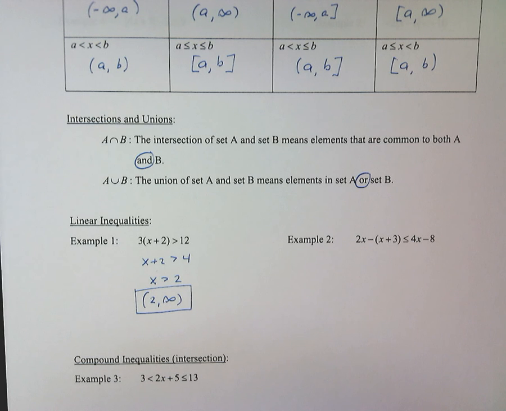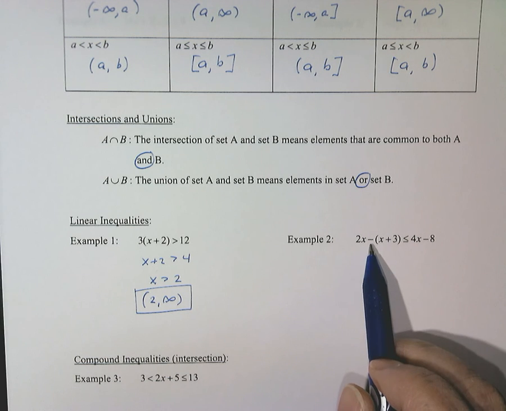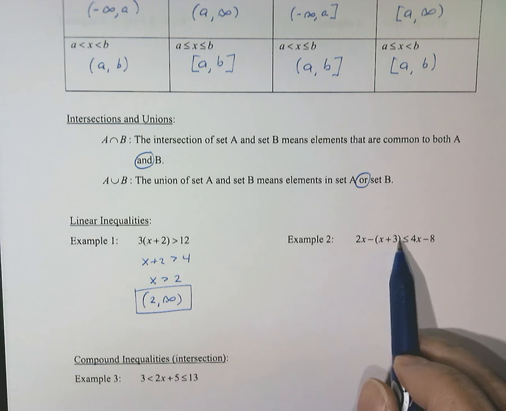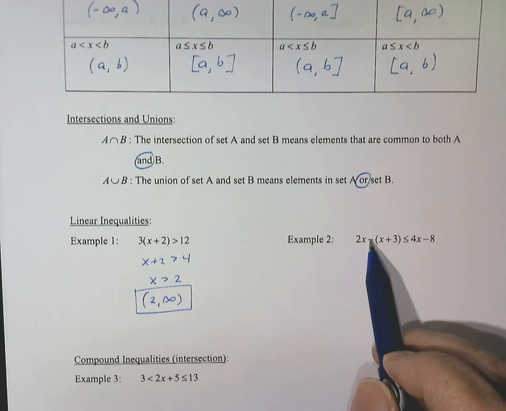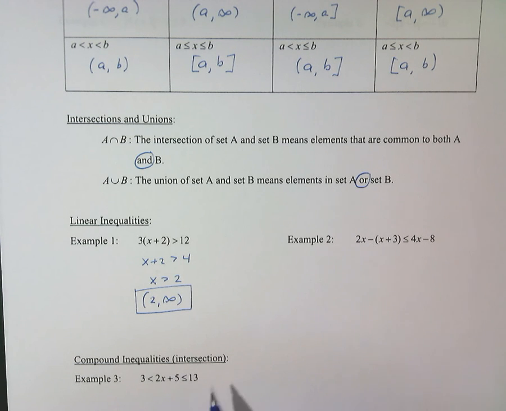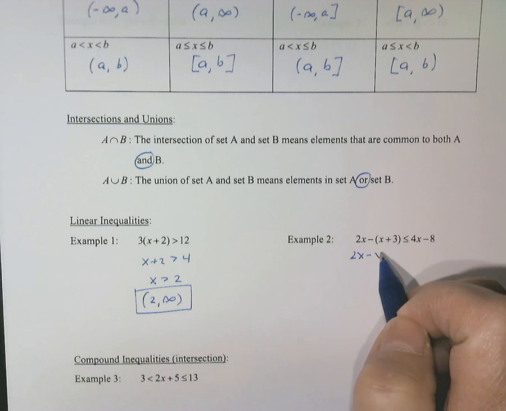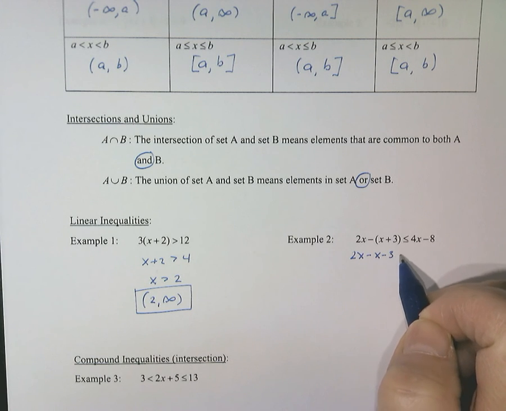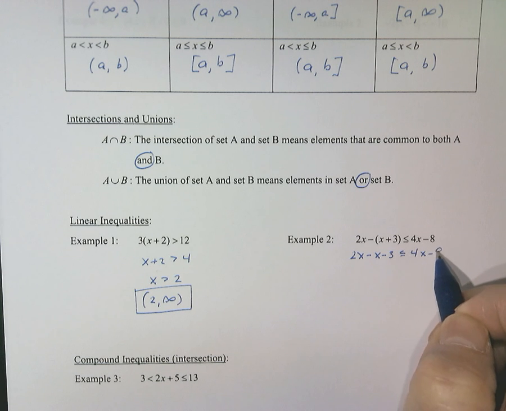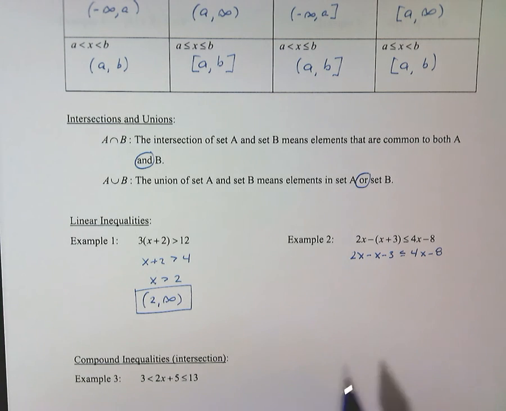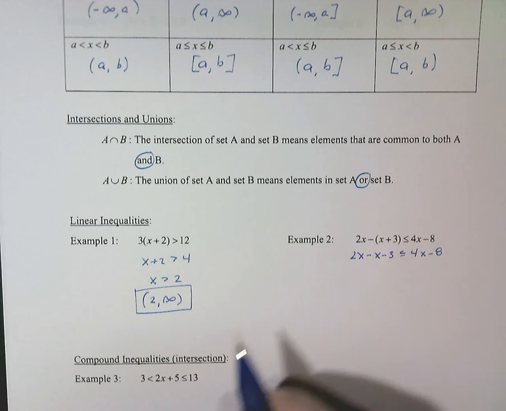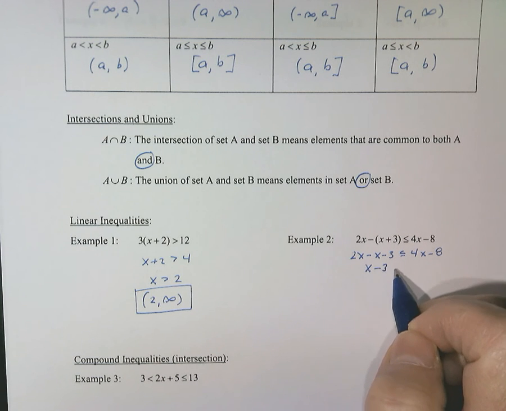The next example, I have 2x minus the quantity x plus 3. So I cannot divide by this 2x because that's a minus sign. So I'm going to distribute that negative. So I have 2x minus 3 less than or equal to 4x minus 8. Now just a little bit of algebra. 2x minus x is x.